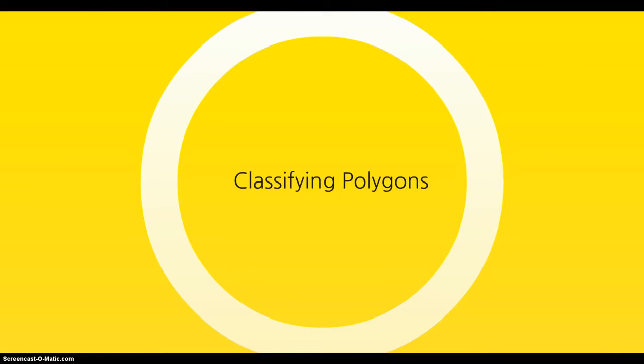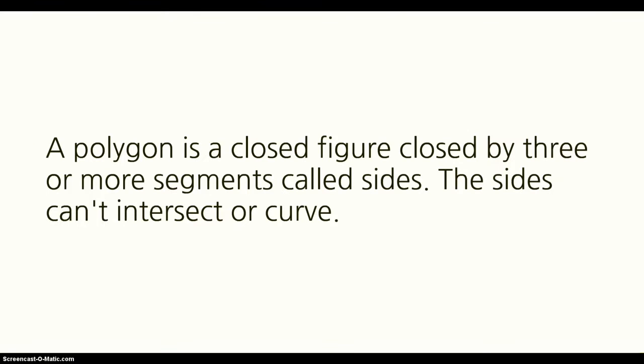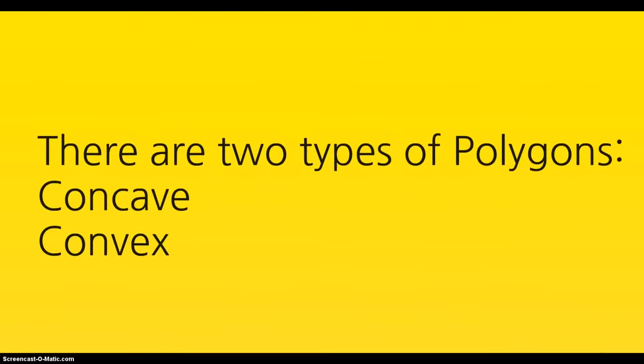Next, let's go over classifying polygons. A polygon is a closed figure closed by three or more segments called sides. These sides cannot intersect or even curve. There are two types of polygons, concave and convex.